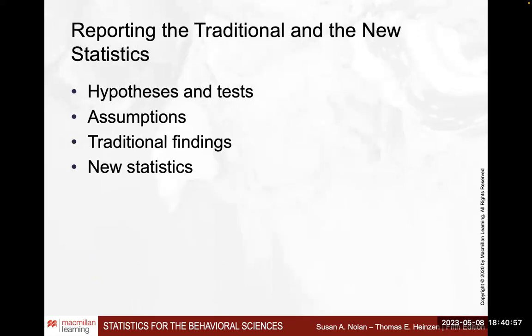Traditional findings, you give a difference, you give a little bit of variability, the standard deviation of the difference. And you're saying, okay, so this is statistically significant with a p-value of 0.02. And we are concluding based on that there's a difference between group A and group B. So that is obviously not enough.